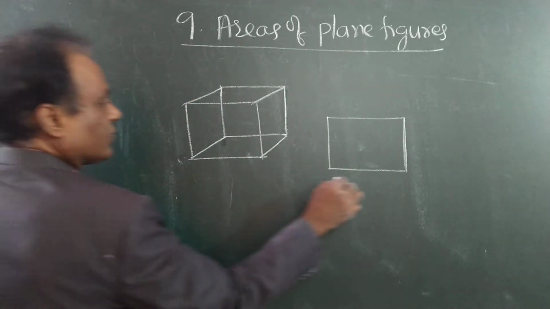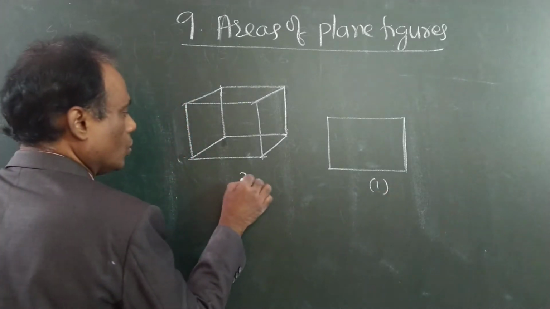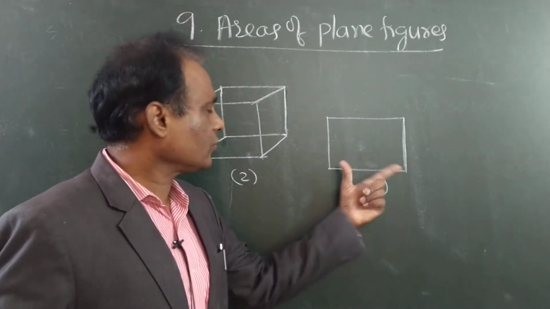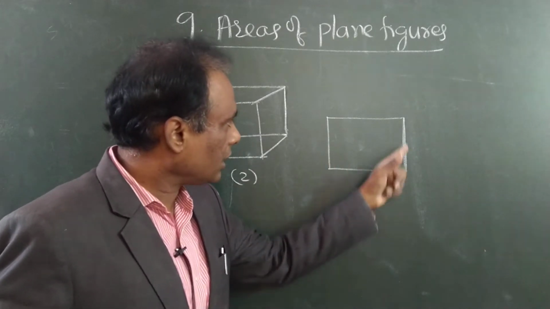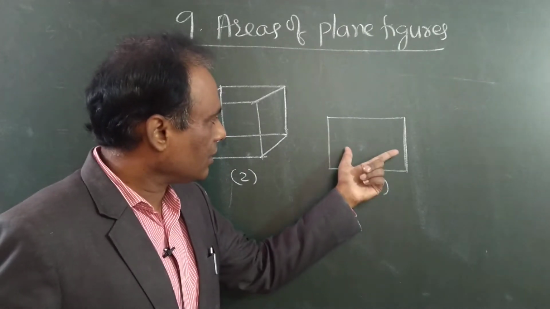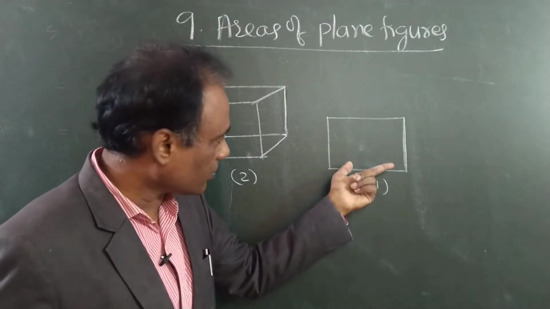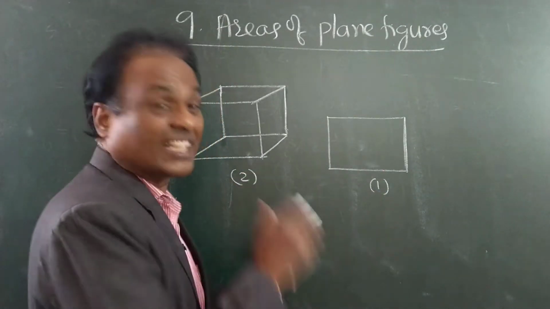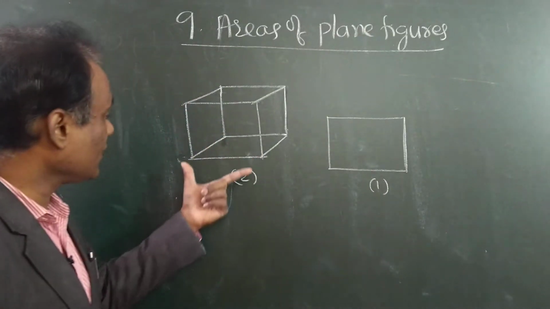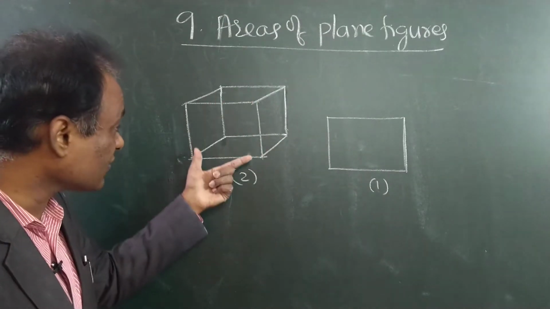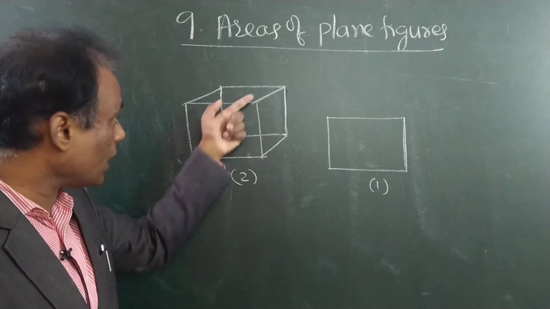If you observe this diagram 1 and diagram 2, this will only have some length and breadth. That means only 2 dimensions. There is no thickness. But whereas this has length, breadth and height, 3 dimensions, 1, 2 and 3.